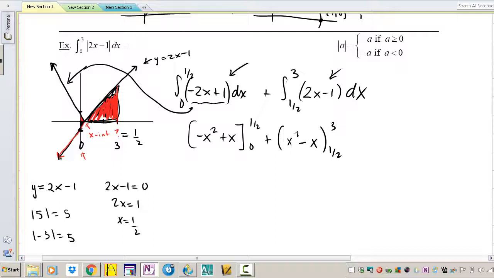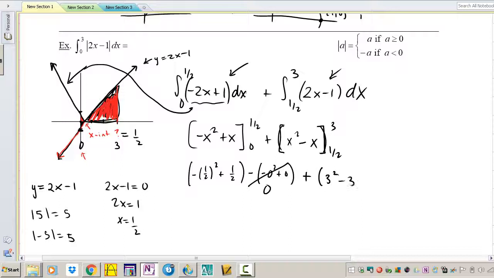Now we can go ahead and plug in our upper and lower bounds. Negative 1 half squared plus 1 half, minus negative 0 squared plus 0, which you'll know all becomes 0. And then it's plus now the second part.